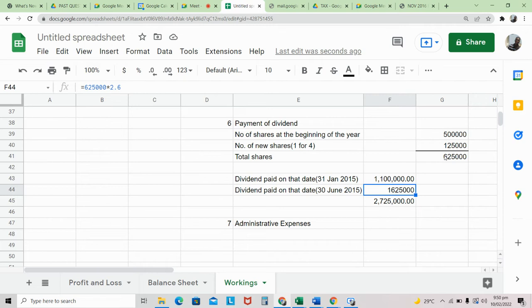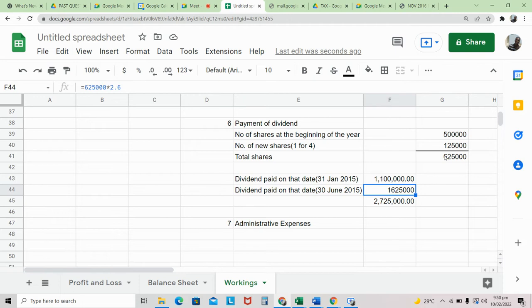That one is on 30th June, and on that day the company had 625,000 shares, not 500,000, because they made a bonus issue along the line. Do you get it? Okay, very good.